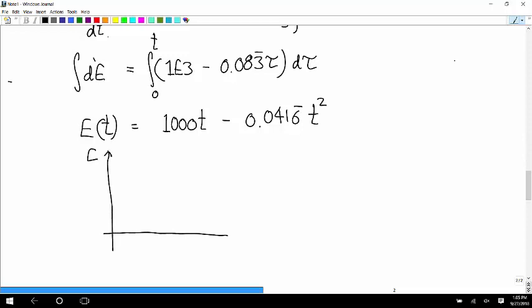So if you have the total energy of the gas on the y-axis and time on the horizontal axis, you have something that starts out at 0. I got rid of the constant because we'll just arbitrarily say at time equals 0, there's no energy in there.